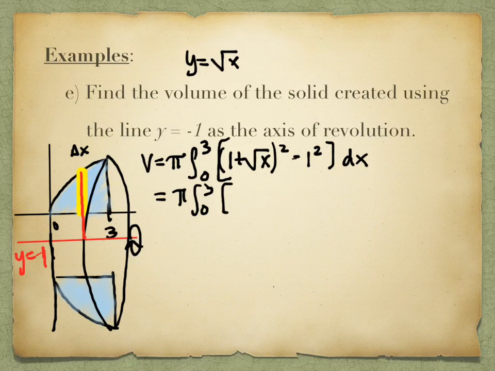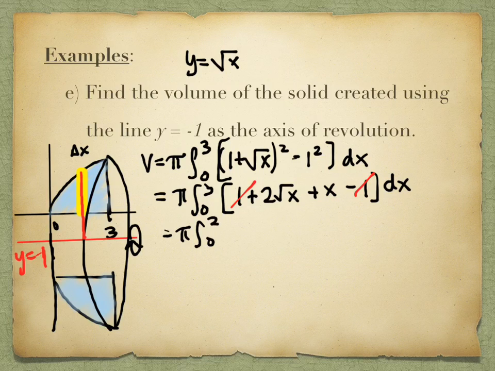I have 1 plus 2 square root of x plus x, and then minus the 1 squared is minus 1. Any questions on that piece? Okay. And then what happens? The 1's cancel, those add to 0. So I've really got an integral from 0 to 3 of 2 square root of x plus x.